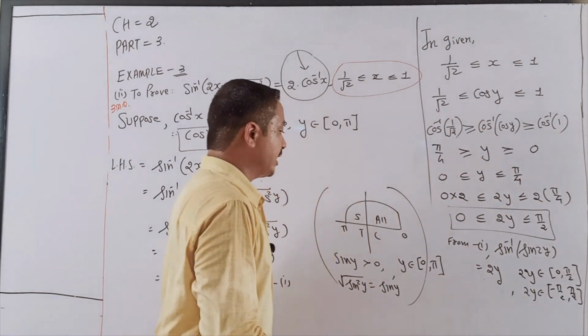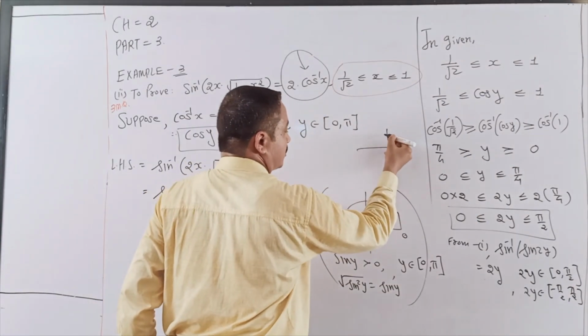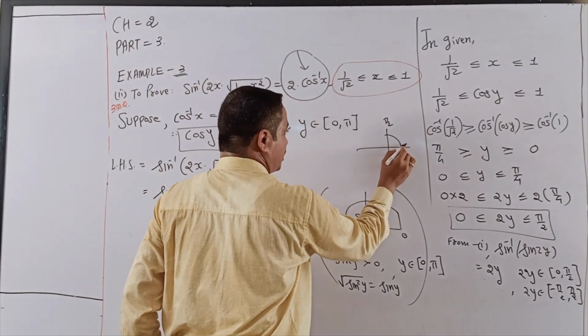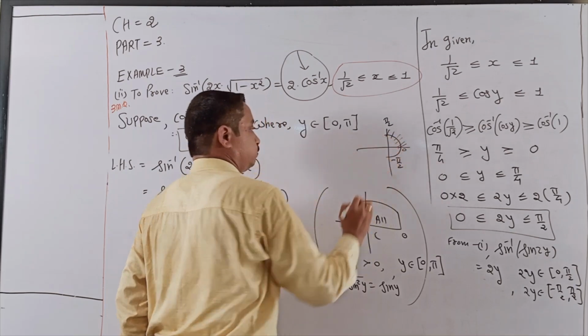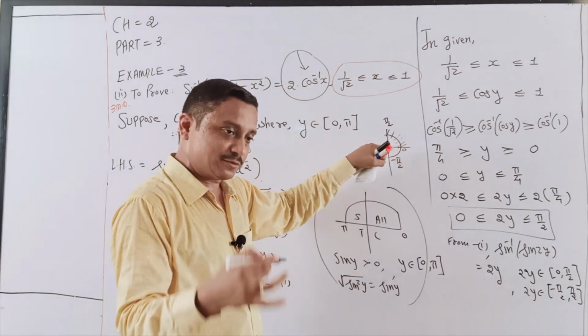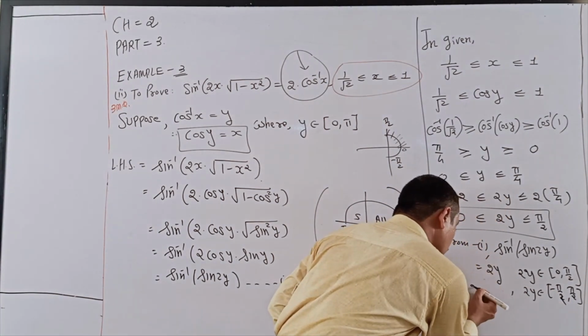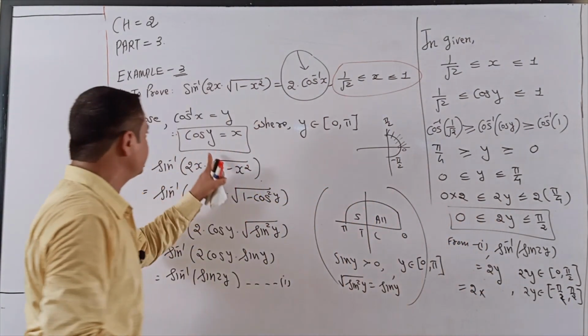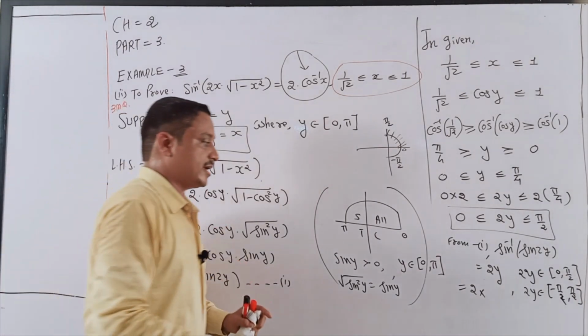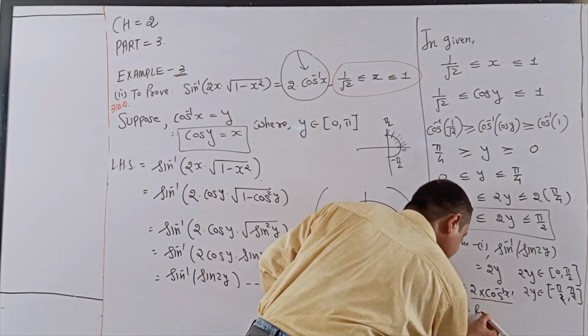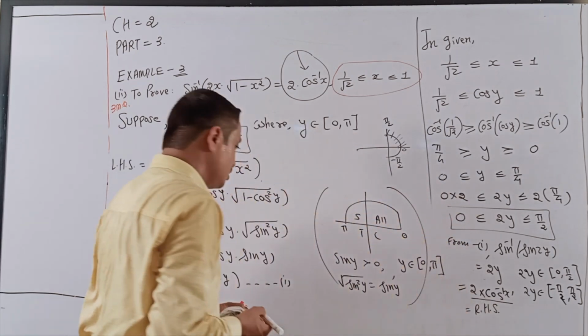Look at this drawing. This is your range minus 90 to 90, and here your 0 to 90. So indirectly 0 to 90 is present in this minus 90 to 90. That's why I write down here 2y. What is your y? Yes, it is cos inverse x. That's your RHS done.